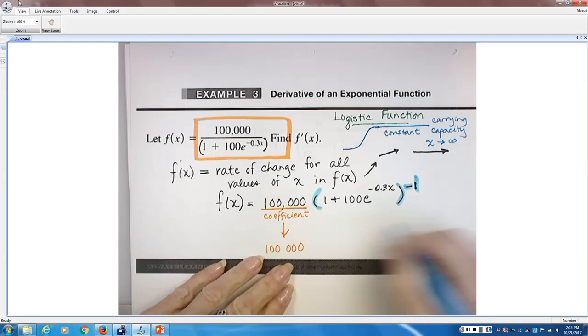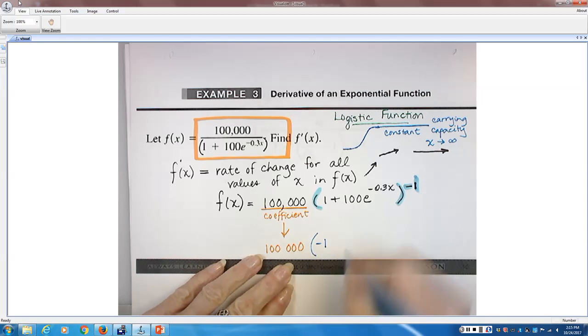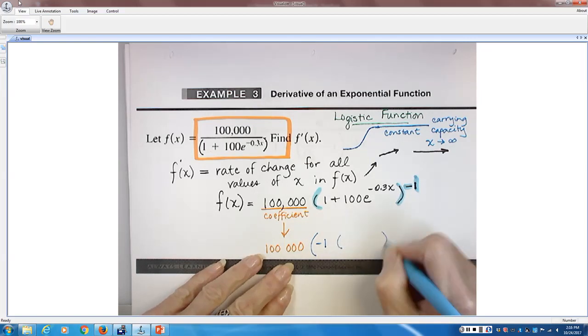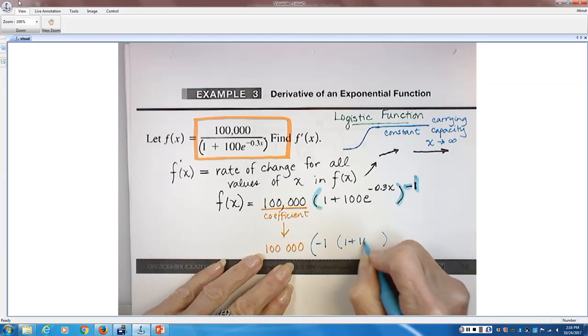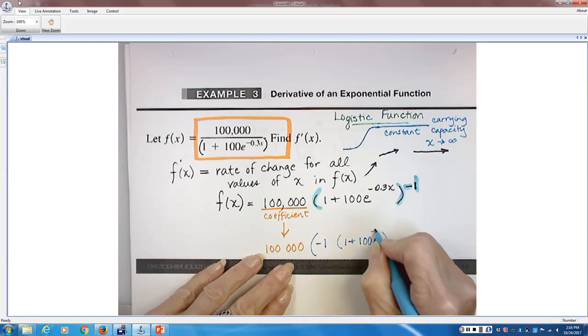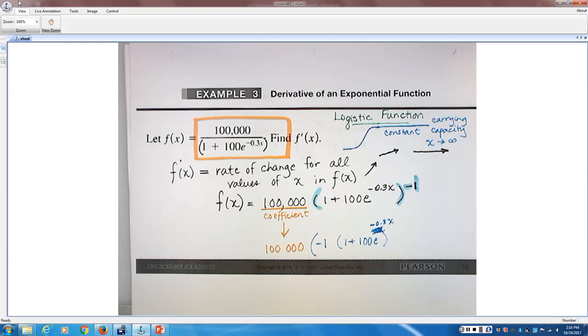So that means I'm going to bring the -1 down in front. I'm going to keep the parentheses. So that's e to the -0.3x.